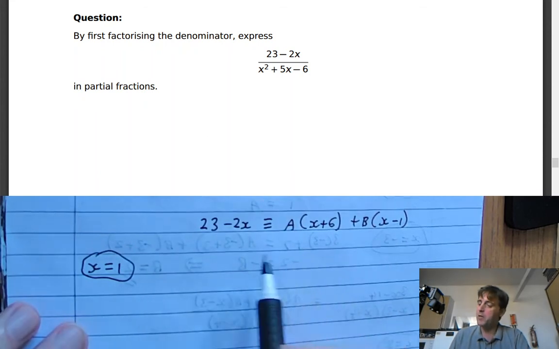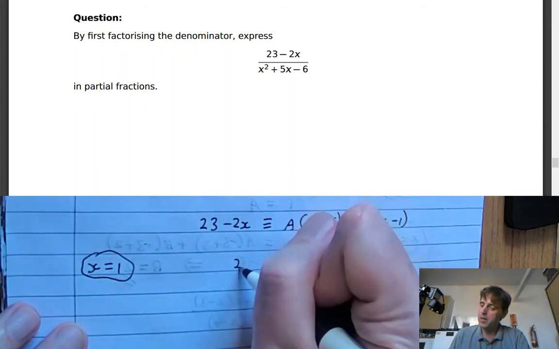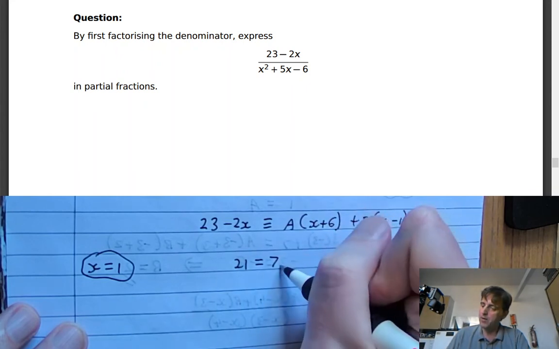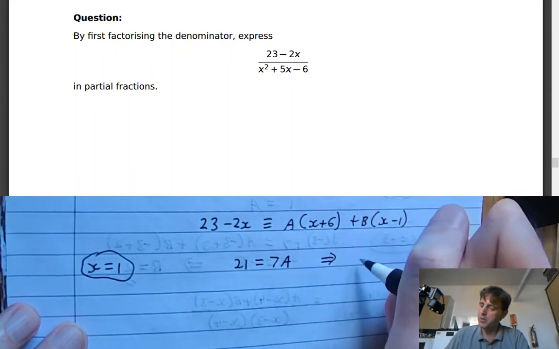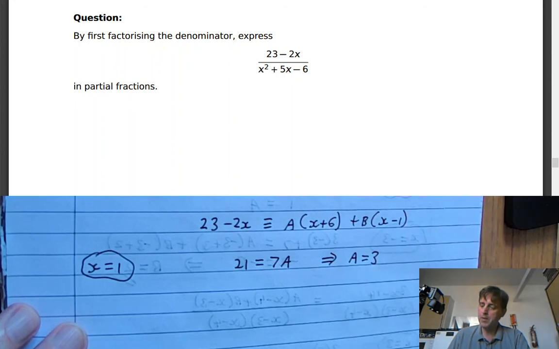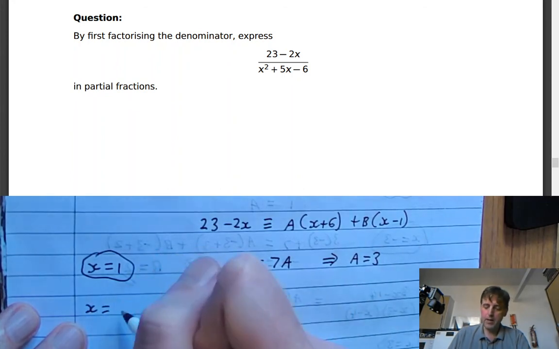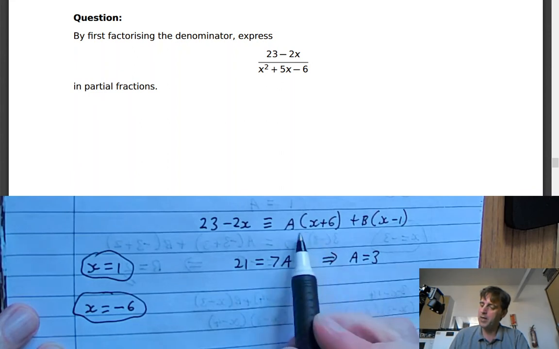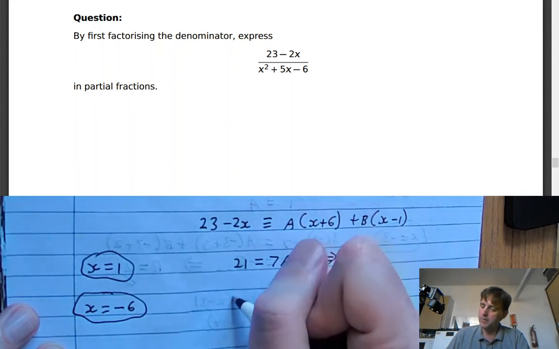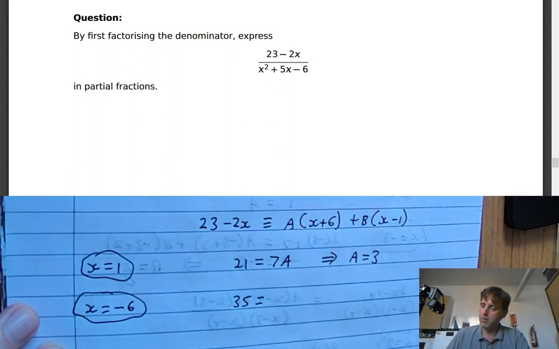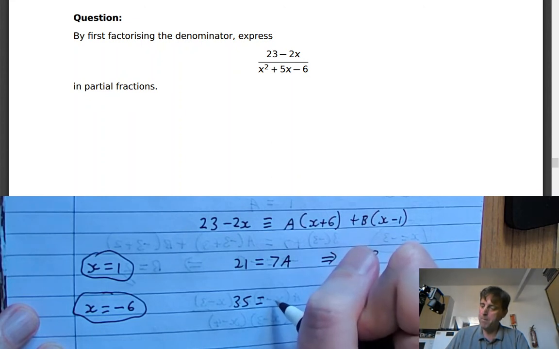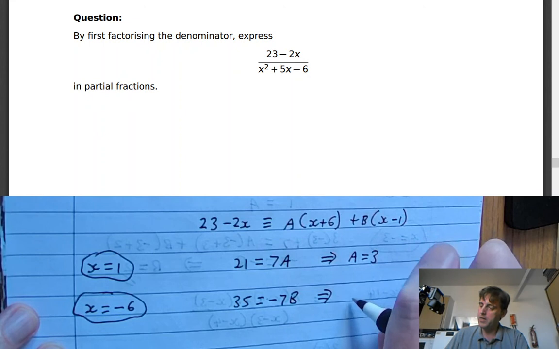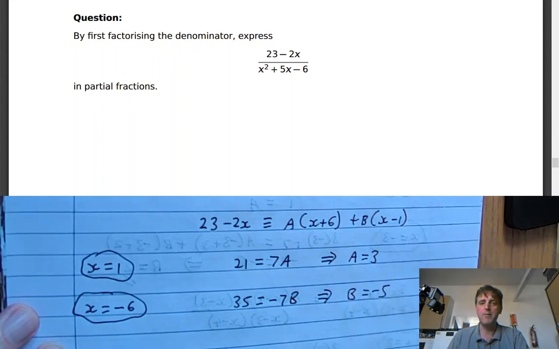And if we substitute x equals 1, it becomes 21 on this side equals 7a on that side. So that tells us that a must equal 3. Substitute x equals -6. That's going to eliminate the bracket here. So when you do that, the left-hand side becomes 35, and the right-hand side becomes minus 7b, I believe. So that gives us b equals -5.